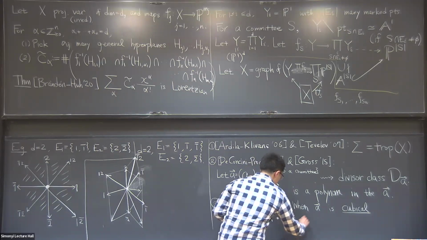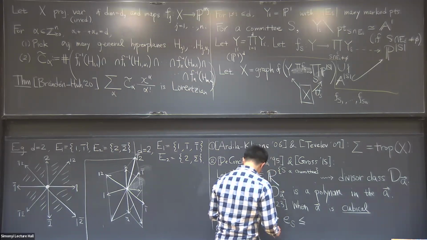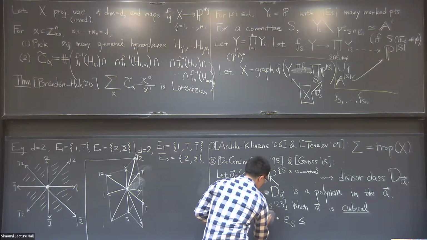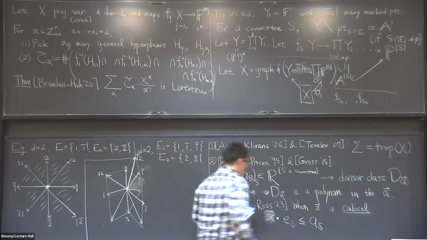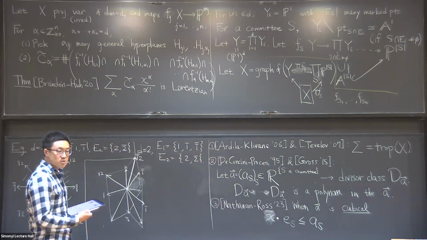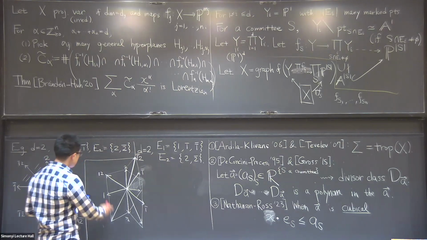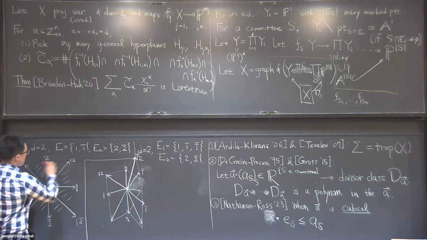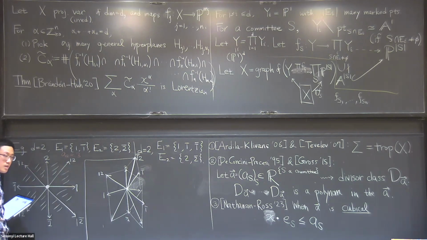So for each committee, I want to look at these kinds of inequalities where the sum of the coordinates in the S's should be at most A sub S. So instead of saying precisely what that means, let's say in this example A sub 1,2 was 3.